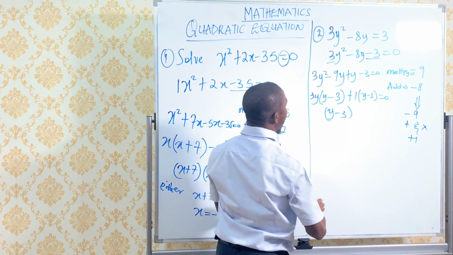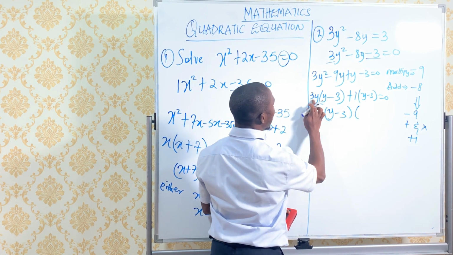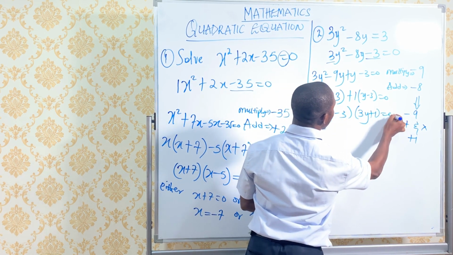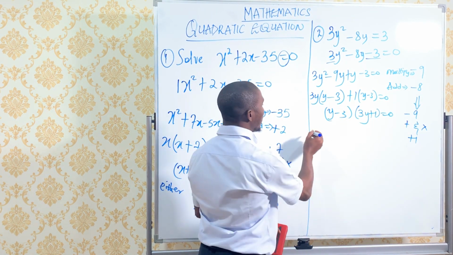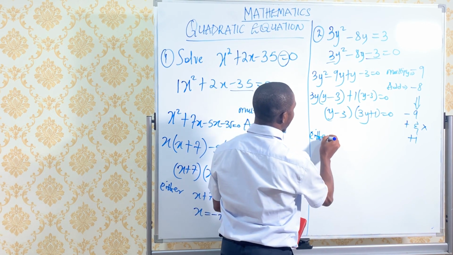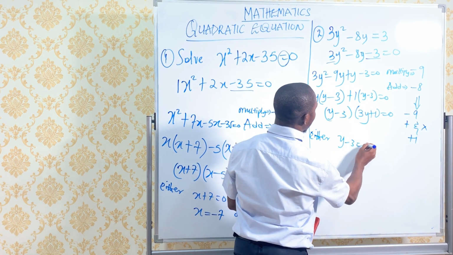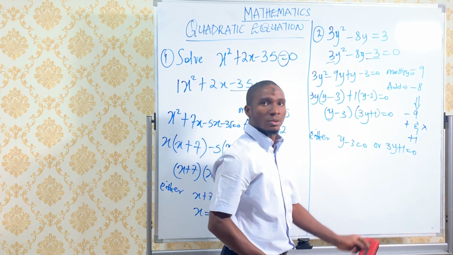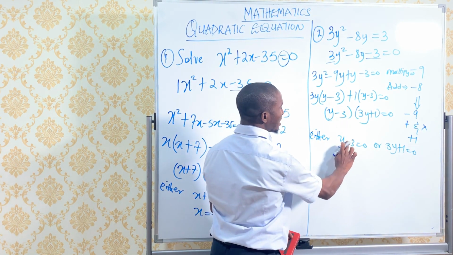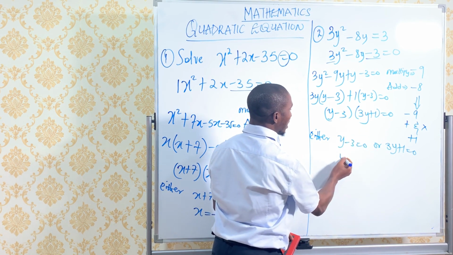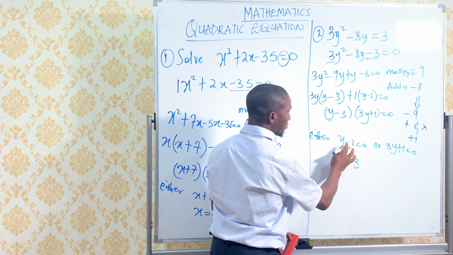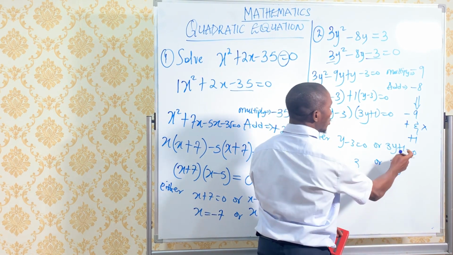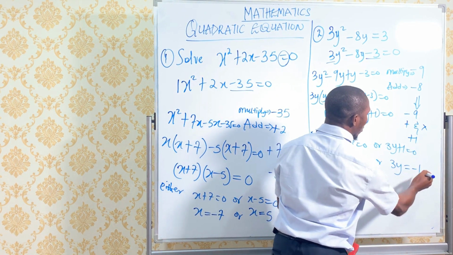So we now have 3y plus 1 equal to 0. So we now have either y minus 3 is equal to 0 or 3y plus 1 is equal to 0. Now, we can transfer minus 3 to the other side of the equation. We now have y equals 3, or 3y equals, when we transfer plus 1, it becomes minus 1.